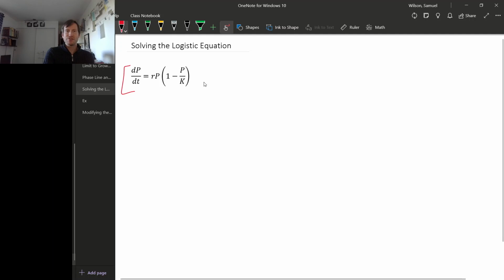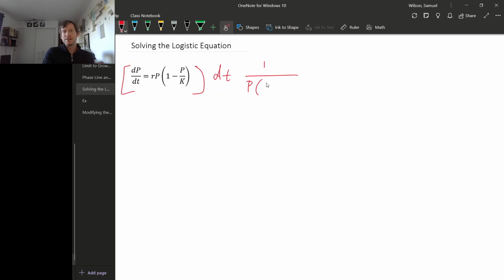We're going to have to multiply both sides by dt and also divide both sides by p times 1 minus p over k. So when we do that, we get dp over p times 1 minus p over k equals r dt.